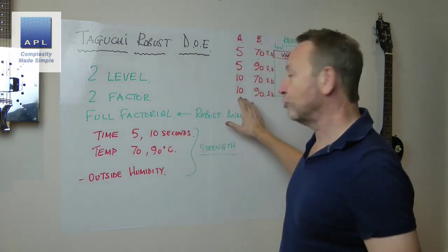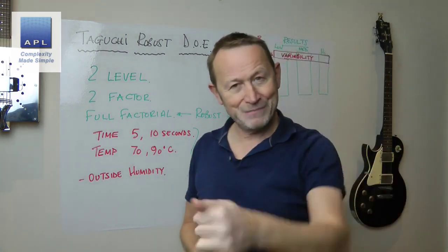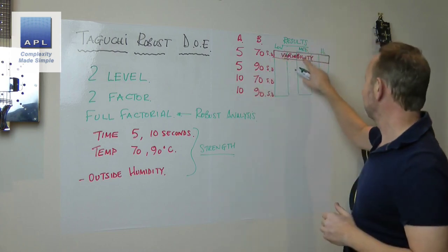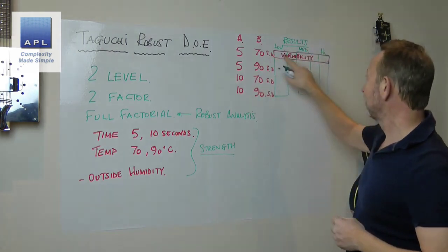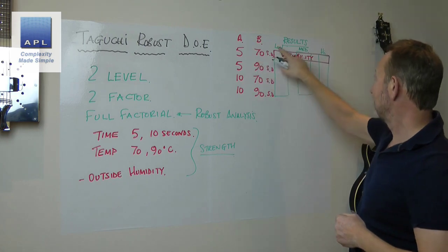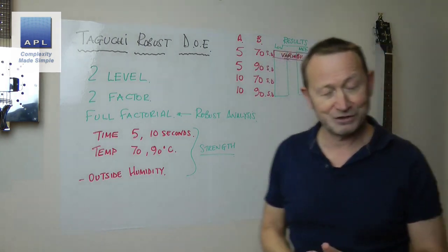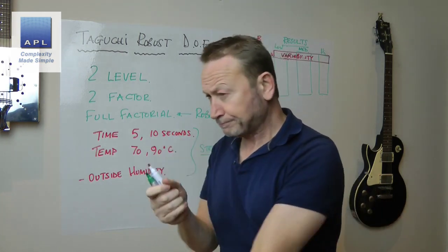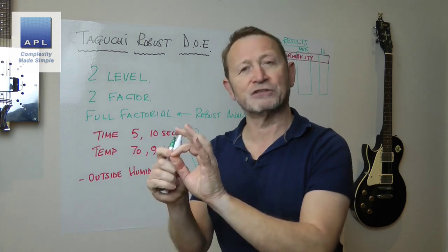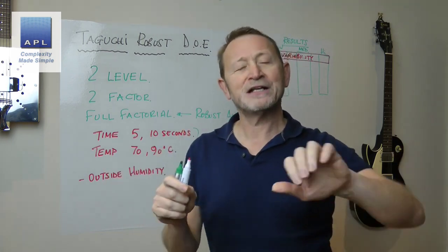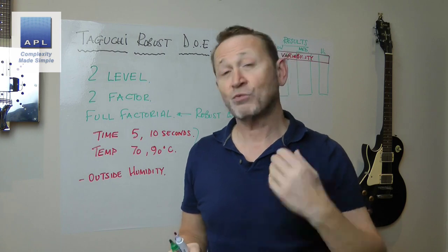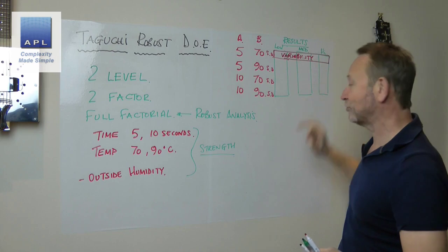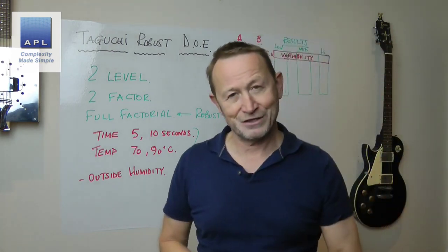You can then use the model to minimise standard deviation, because if you have very little difference across these 3 results, this particular setting must be robust to external humidity. So in other words, if you can use the model to reduce the standard deviation to an absolute minimum, that must be a setting which is robust to outside humidity, because despite the change in humidity, the results didn't change.